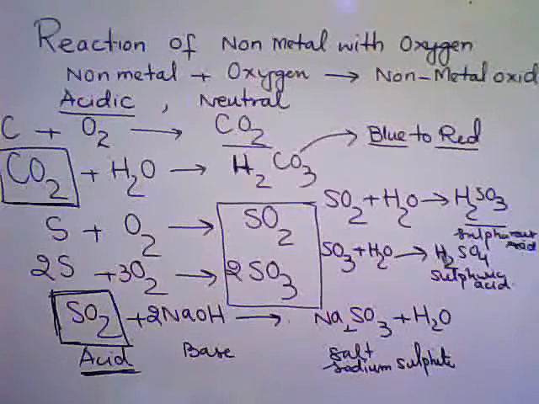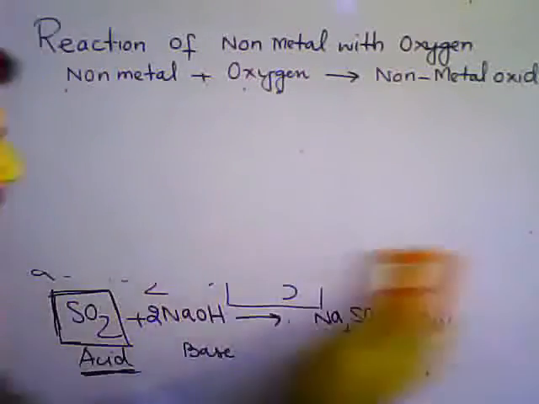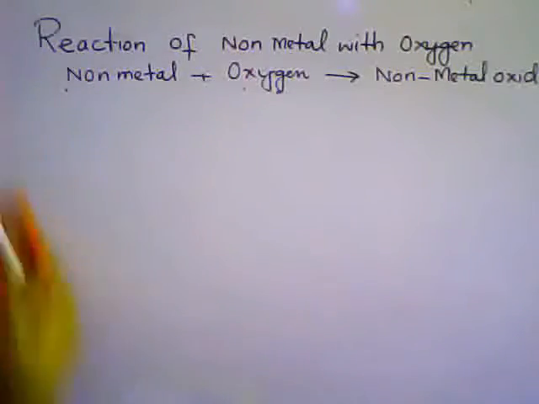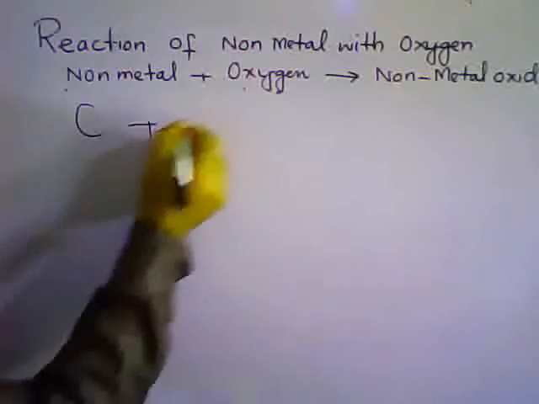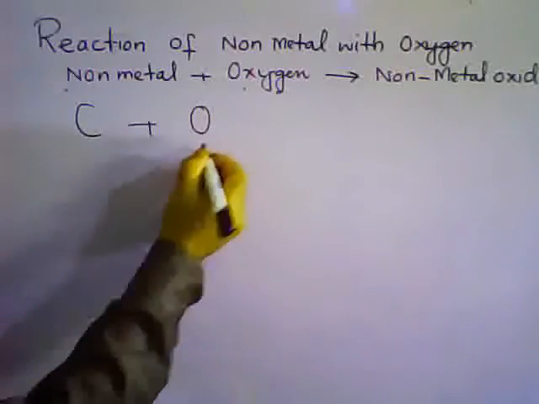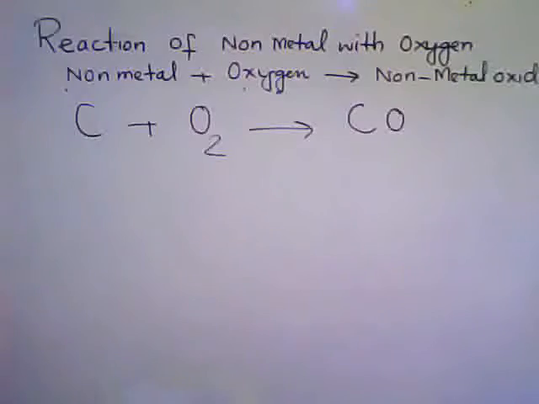Now if we take some neutral oxides, non-metals can form neutral oxides also. So the oxide can be acidic and it can also be neutral. So we'll see carbon reacting with oxygen. It will form CO, carbon monoxide.